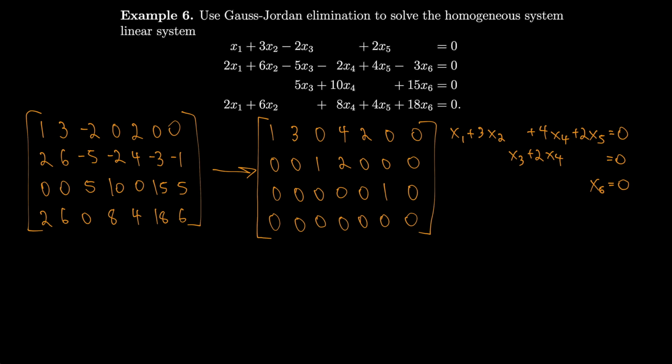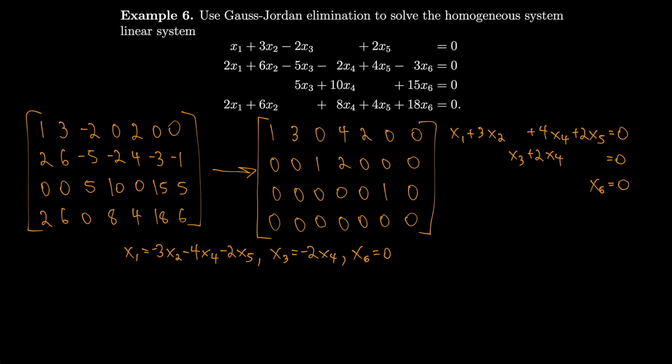And I think that's about it, because the last one is just 0 equals 0. I don't need it. So solving for our leading variables, we get that x1 is negative 3x2 minus 4x4 minus 2x5. We get that x3 is negative 2x4. And we get that x6 is 0.